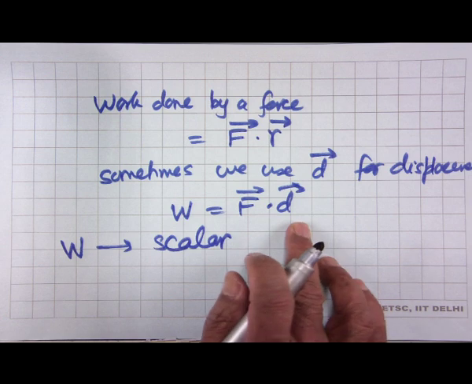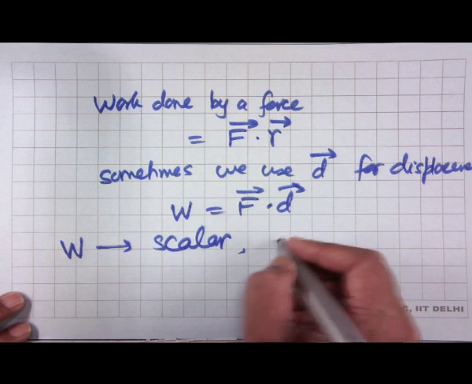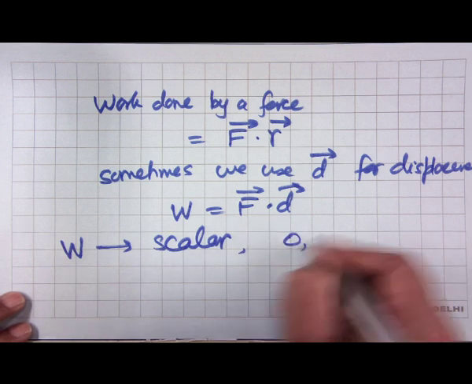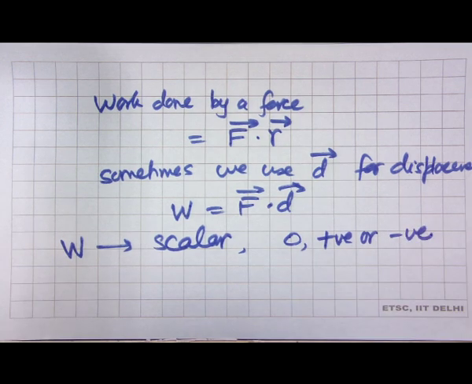F and D are vectors, but work done is a scalar, and this is a scalar which can be either 0, positive or negative, depending on the angle between F and D.